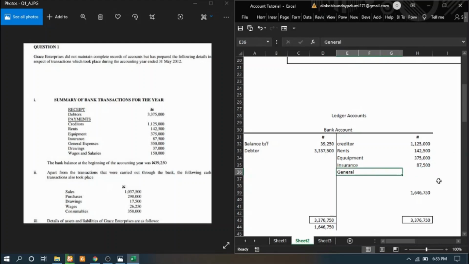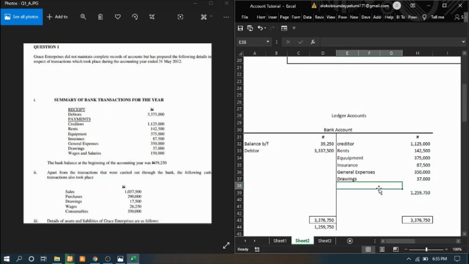So we have general expenses. So let me complete that. I'm sorry. General expenses, that is 350,000, as you can see. So we have drawings. So the drawing is 37,000.